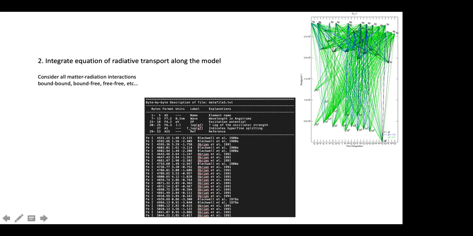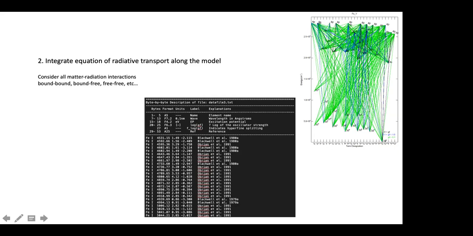This is, for example, a model atom of iron four times ionized, and you see that you have various levels with an energy. Each of these points is a different level that is identified here, and each line connecting one level to the other is an atomic line.